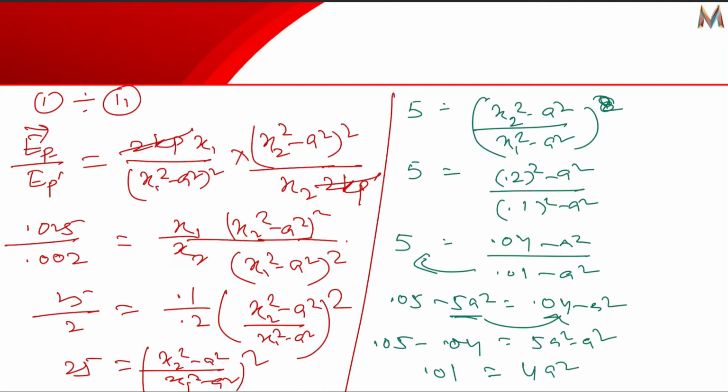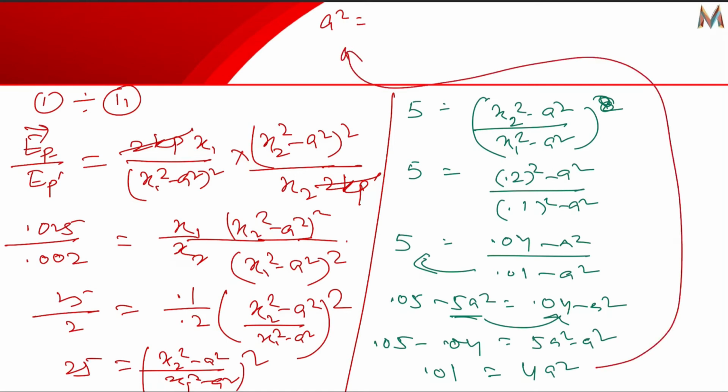Okay, now if we write this 4a square, then a square becomes 0.01 by 4. This is a square.